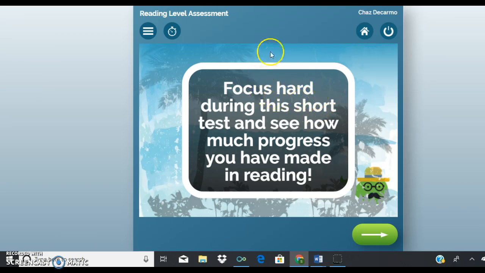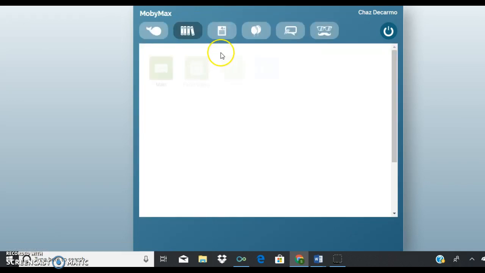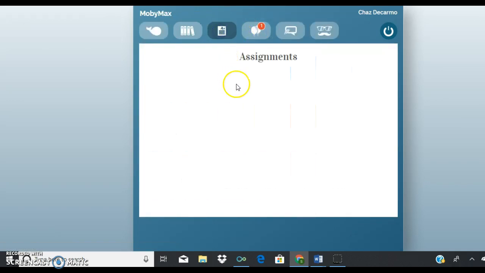So they can take reading assessments. Here is where the teachers can post assignments for the students to complete, but his teacher did not post any assignments for him.